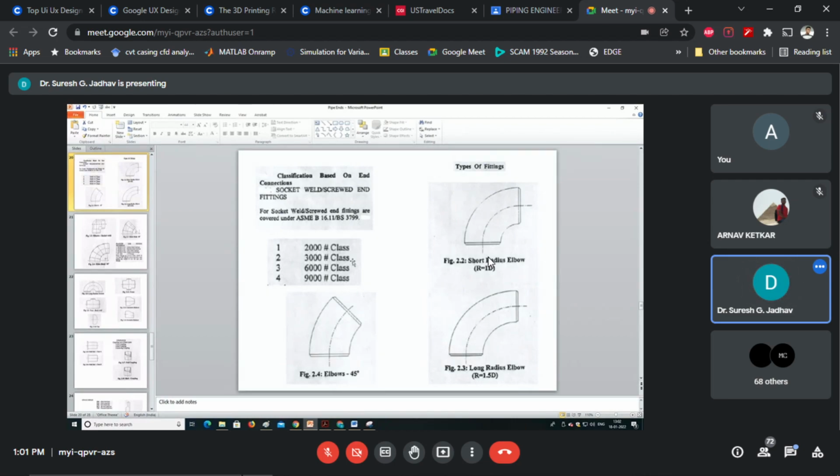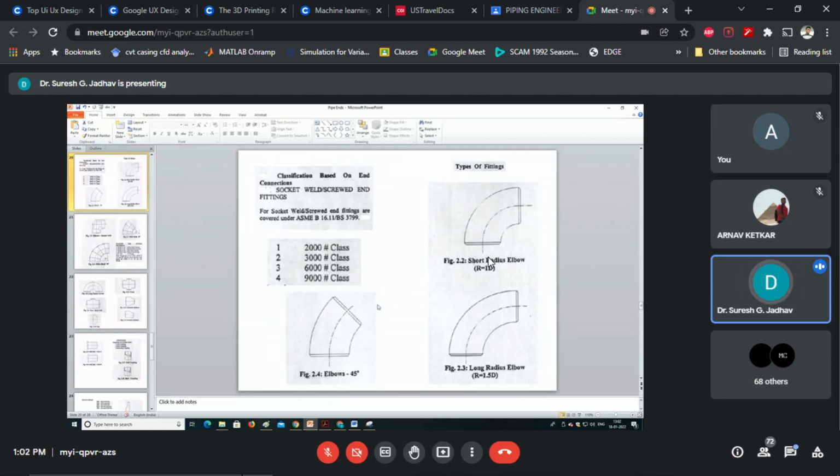These normal pipe threads are covered in American standards, British standards, or relevant Indian standard specifications.